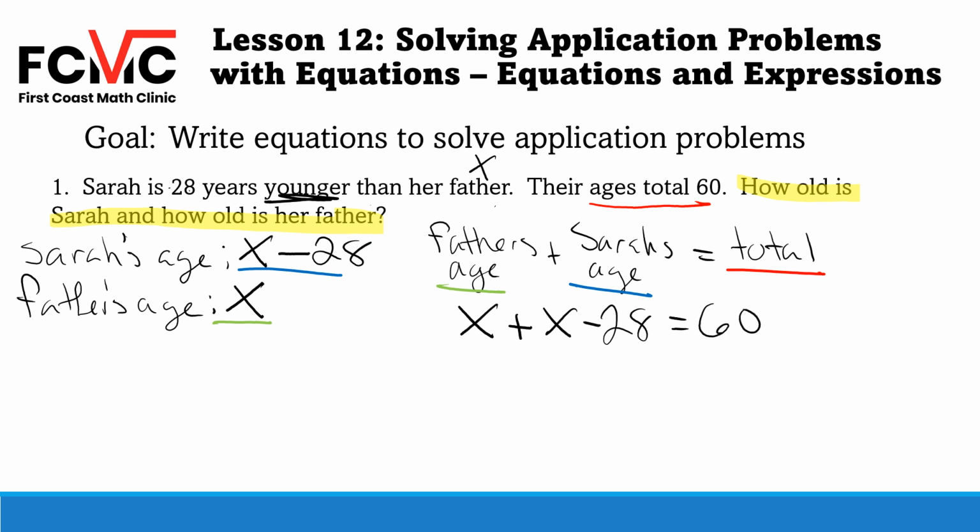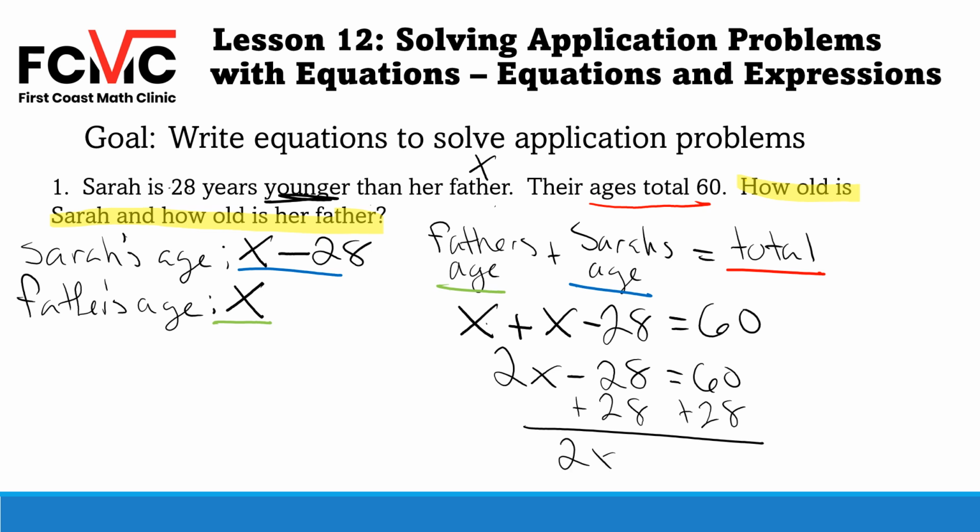Now let's solve this for X. X plus X gives us 2X minus 28 equals 60. Let's add 28 and 28. 2X equals 88. Divide by 2 and 2, and we get X equals 44.